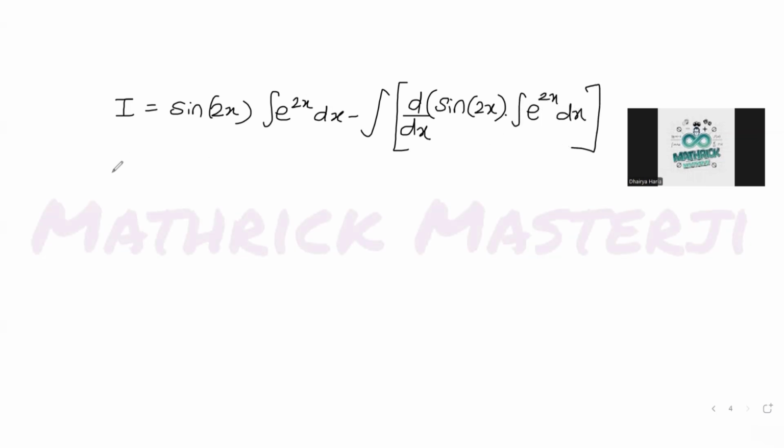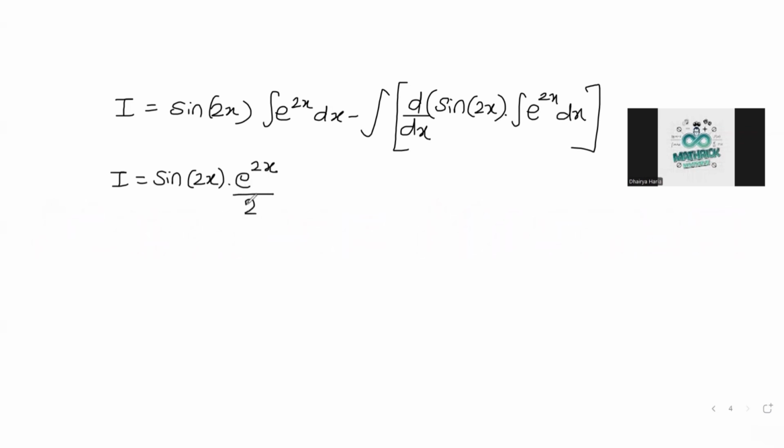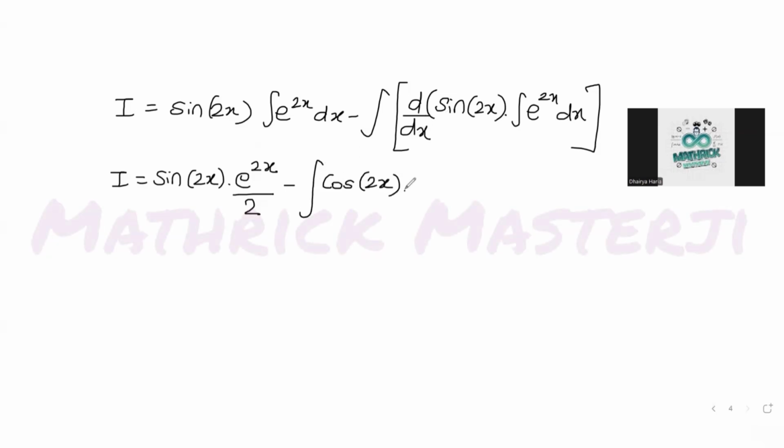So I get I as sine of 2x times the integral of e raised to 2x, which is nothing but e raised to 2x only, but I have to divide by the coefficient of x, so dividing by 2. Minus the integral of the derivative of sine 2x, which is cos 2x, and using the chain rule, the derivative of 2x is just 2, times e raised to 2x divided by 2 dx.